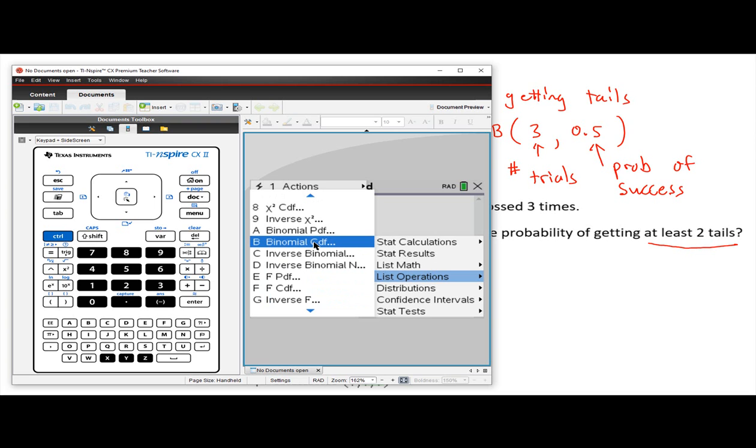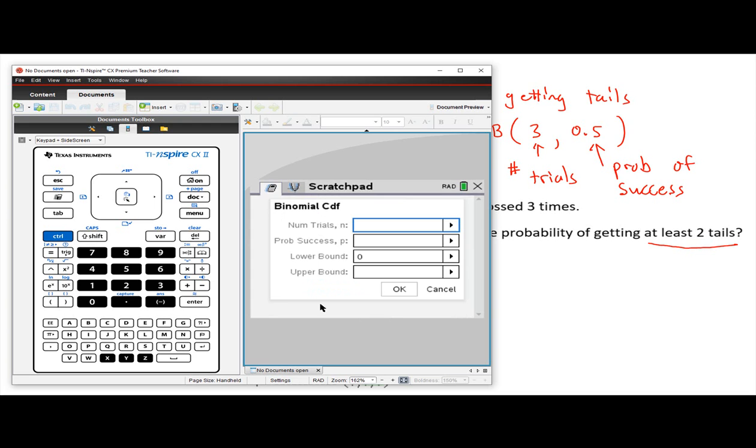Now we're trying to find the probability that x is greater than or equal to, so we're going to use binomial CDF. Binomial CDF is used anytime you have an inequality, okay? So number of trials, we have 3, probability of success, 0.5, right?